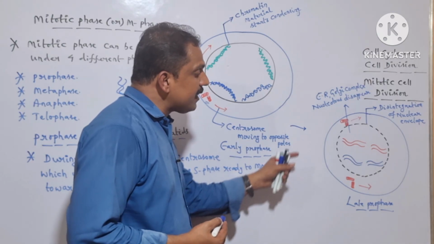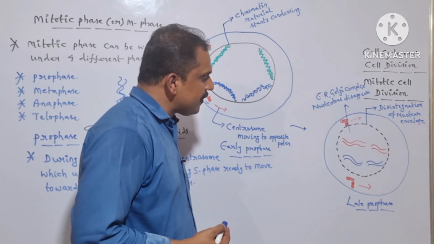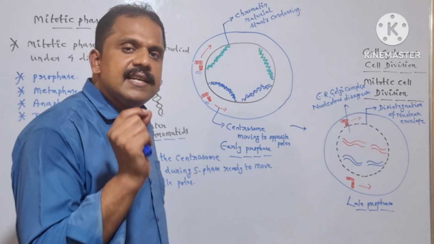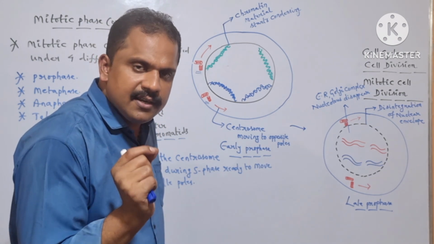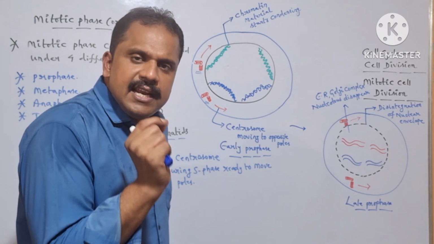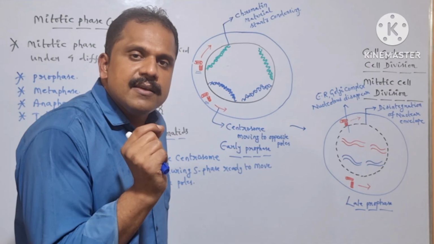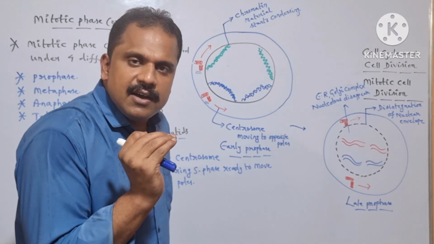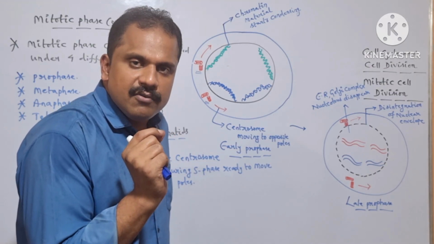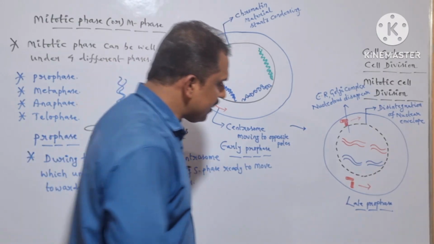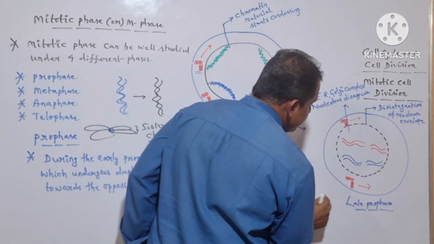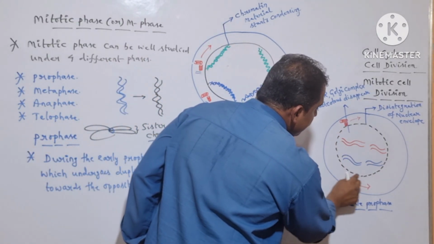prophase, now here at the very beginning of the late prophase, we can observe the disintegration of the nuclear envelope. Is it clear? As we all know, each and every nucleus is protected by a specific outer covering layer, which is termed as nuclear envelope. At the very beginning of the late prophase, we can observe the disintegration of the nuclear envelope.